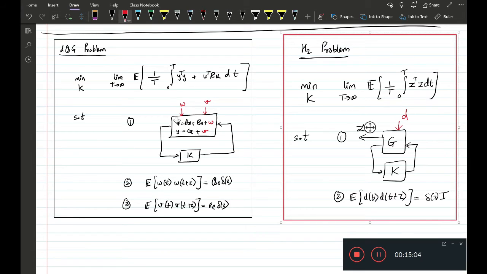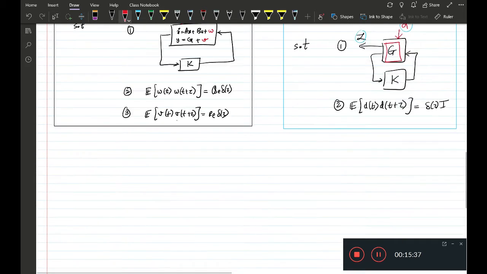First of all, you can see that the costs look quite similar, except that we here have U transpose RU plus Y transpose Y, and here we have Z transpose Z, where we have this Z. The input here is D. So the whole point is to somehow design this G such that the H2 problem is identical to an LQG problem. So let's see how to do that.